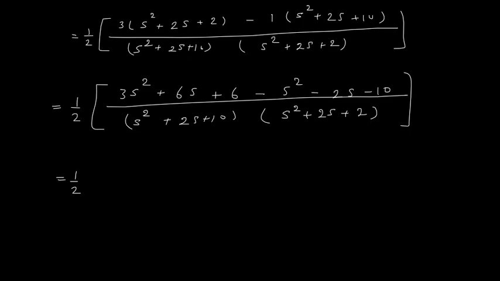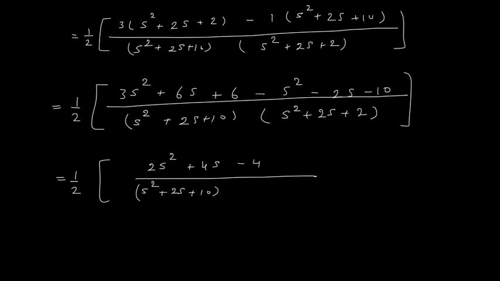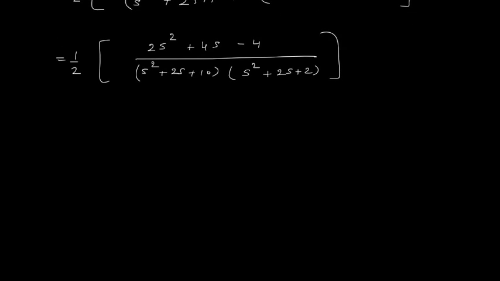Now 3s square minus s square is 2s square, 6s minus 2s is plus 4s, and 6 minus 10 is minus 4. Now 2 I can take common and cancel with 1 by 2.